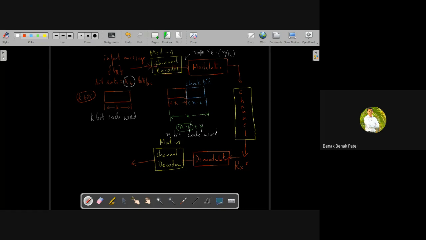So rc is equal to rb times n by k. This is the rate at which the channel encoder will be outputting code words, or transmitting them onto the modulator section. This is in bits per second.